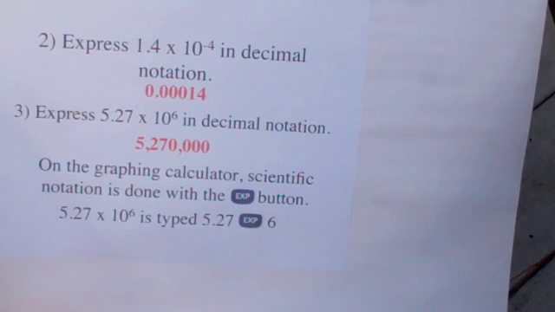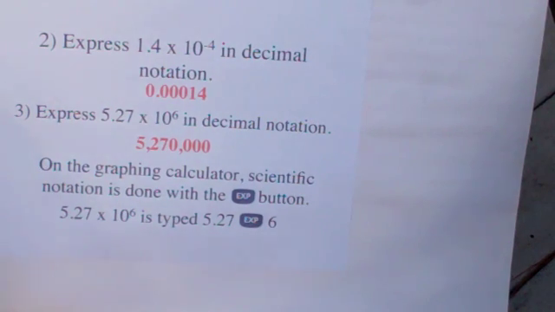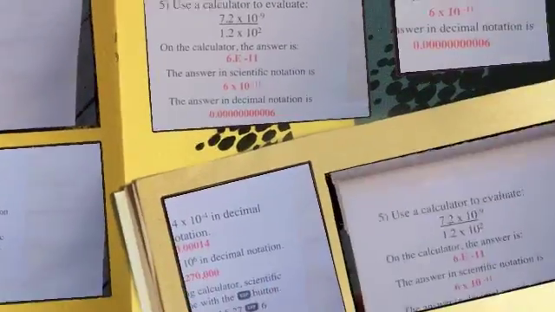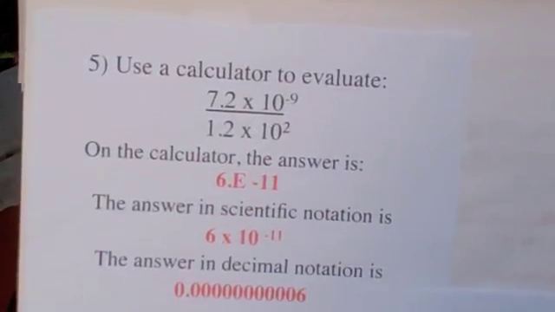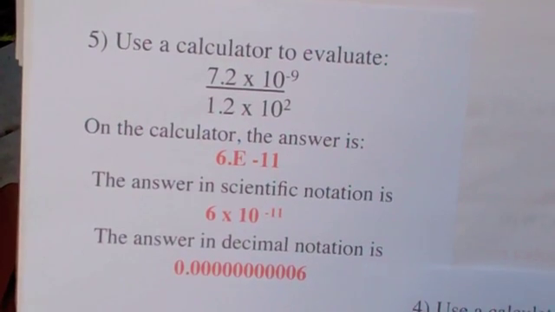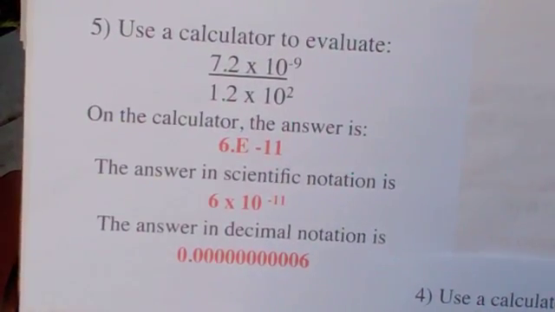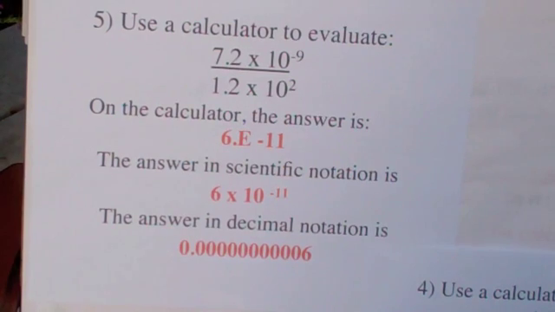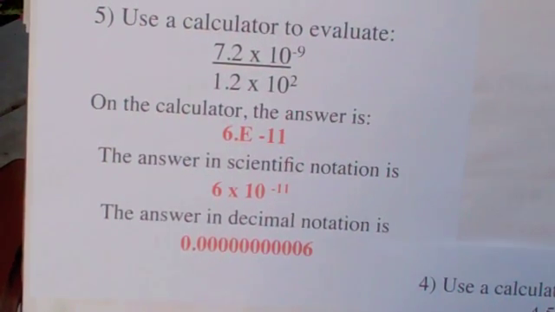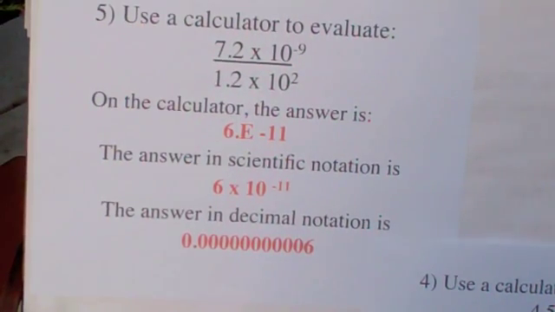If you're doing this on the graphing calculator, the notation is done with the EXP button. You could type this problem in as 5.27, then hit the EXP button and hit 6. It will then deliver to you the decimal notation. Now try a calculator to solve this problem: 7.2 times 10 to the negative 9th over 1.2 times 10 to the 2nd.